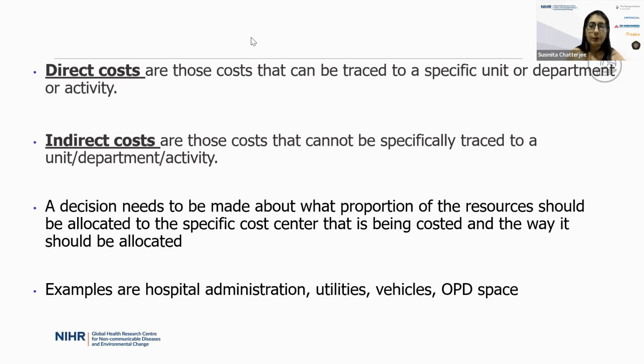Vehicle can be for vaccine transport, vehicle can be for supervision monitoring, vehicle can be for meeting training. So it is shared. There is only one vehicle which is used for all purposes. Here lies the issue of distribution, of apportionment of the cost. And that's why it is said that it is indirect cost.